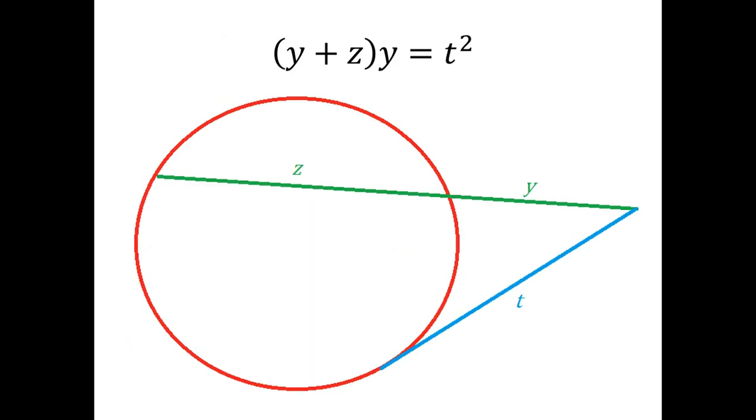All right, so if we're looking at this one, we've got our new one, and we've got a tangent intersecting with a line segment outside of the circle. This is very similar to our previous equation because what ends up happening is the sum of the entire length is multiplied by the outside.